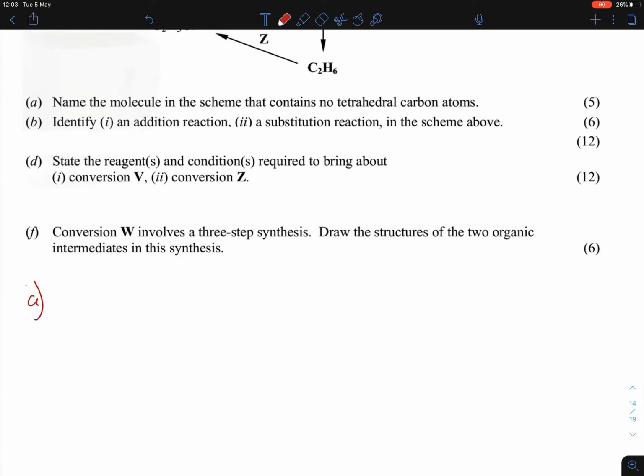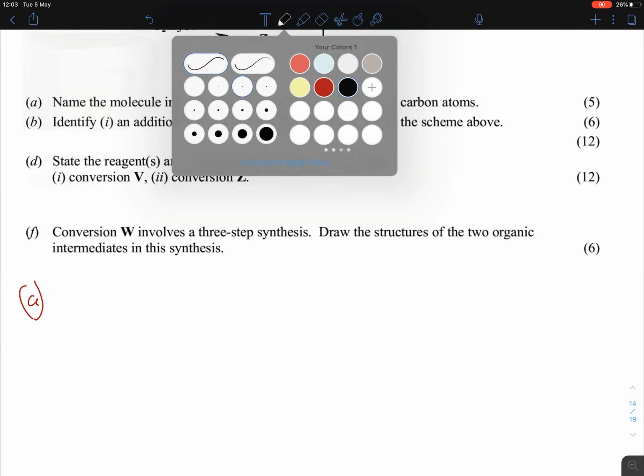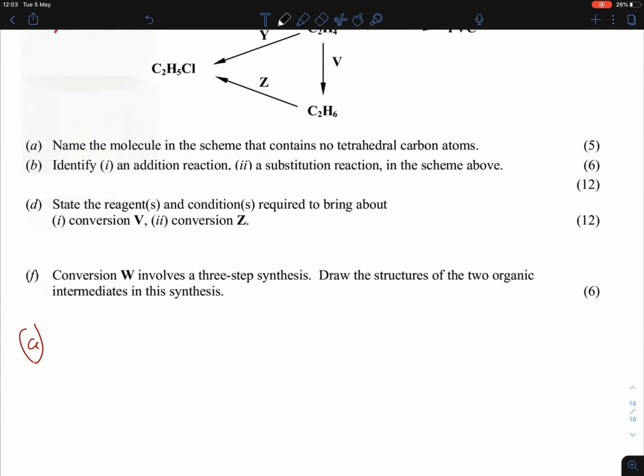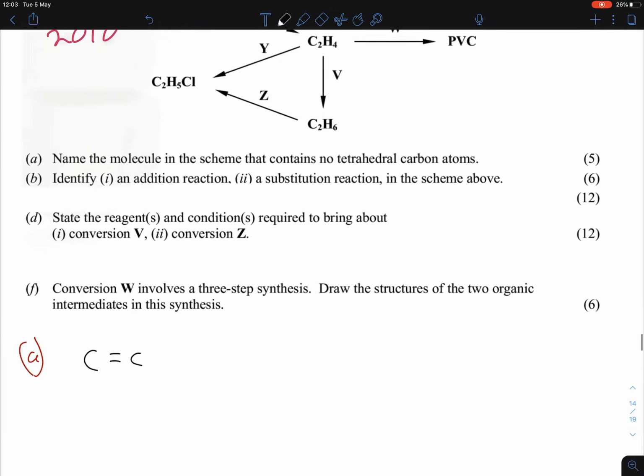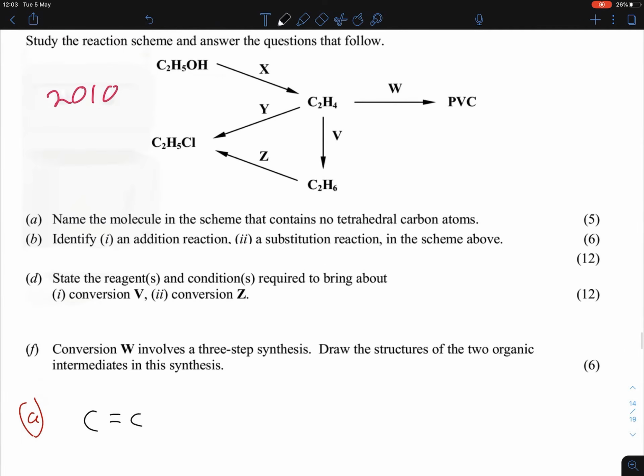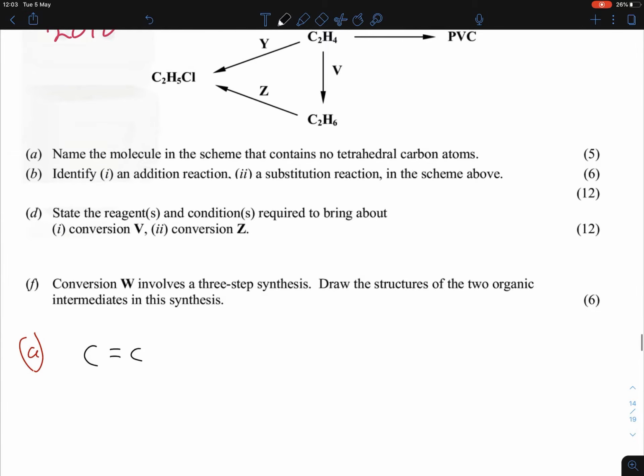C2H4, I automatically know that's an ethene molecule because it contains twice as many hydrogens as carbons, and there are 2 carbons, so it's going to have to be ethene. If I draw that out, I can see straight away that there are no tetrahedral carbon atoms in this one.